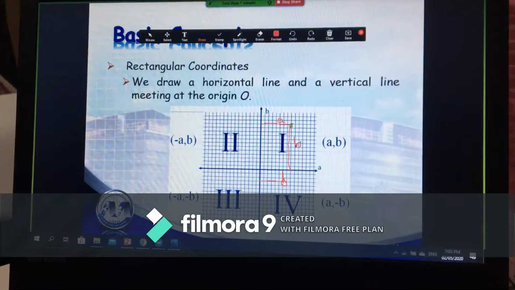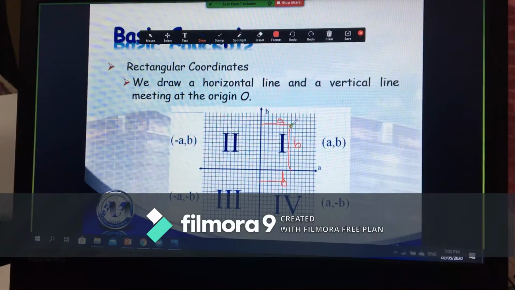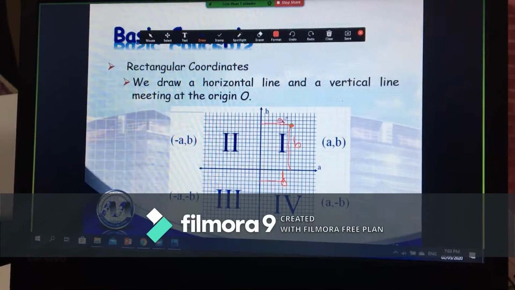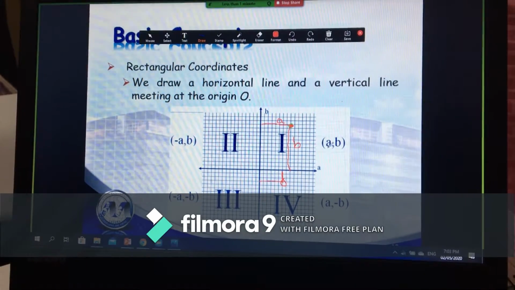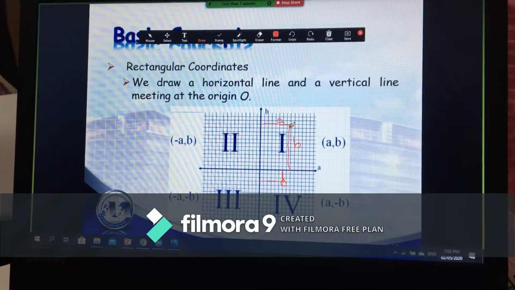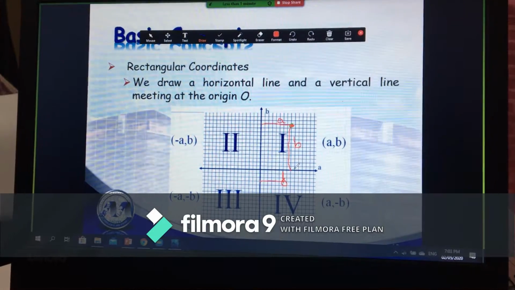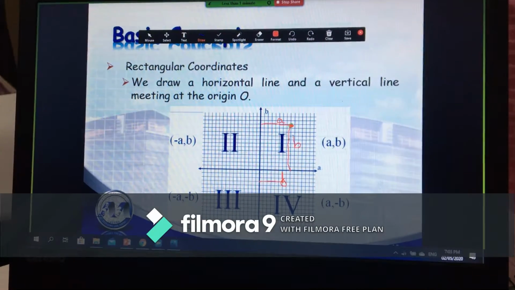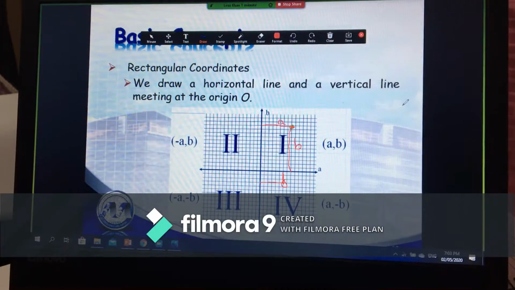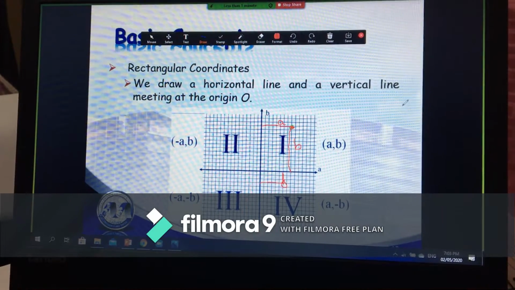Okay, so that is the B. So this point here has the coordinates A and B. So A is the distance from the vertical line to that point, and B is the distance from the horizontal line to that point. Okay, is that clear, guys? Clear ba sa inyo?